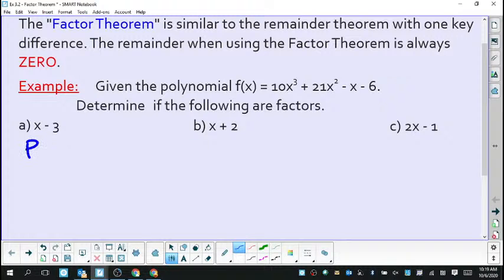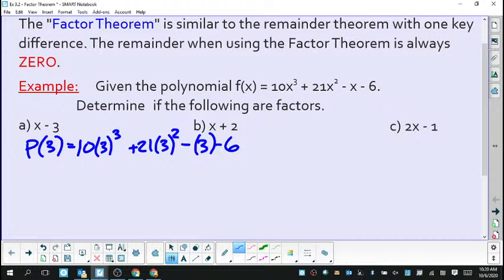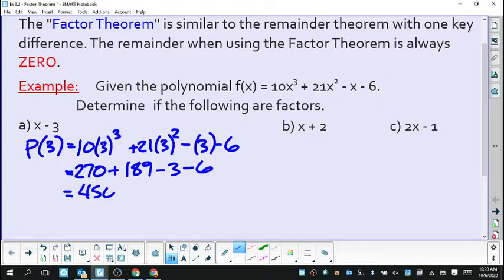So p of 3 is equal to 10 times 3 cubed plus 21 times 3 squared minus 3 minus 6. 270 plus 189 minus 3 minus 6. 450.